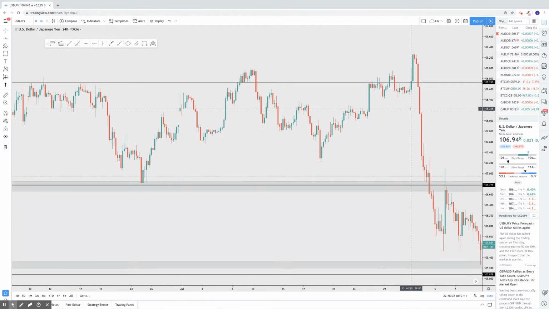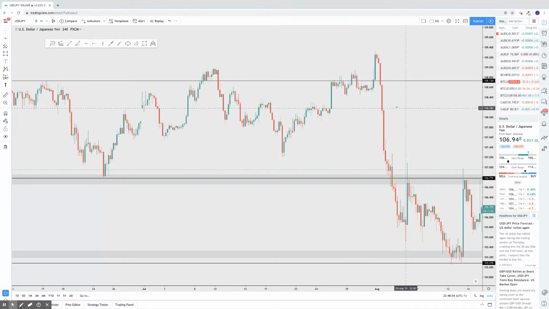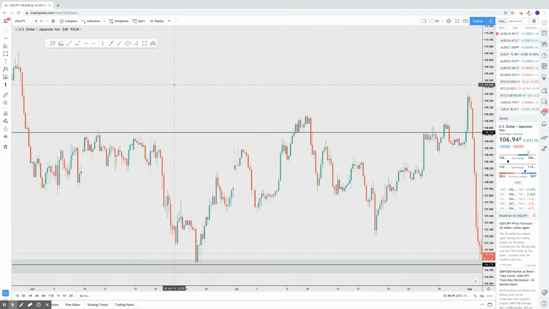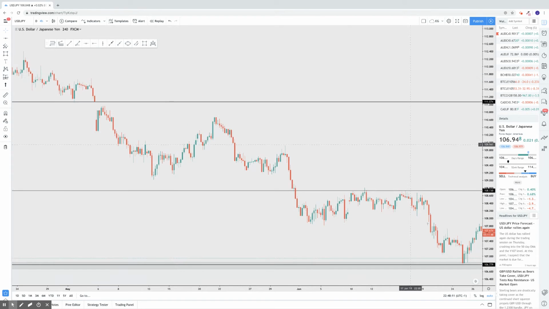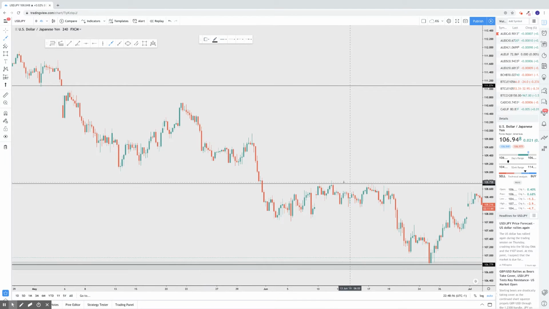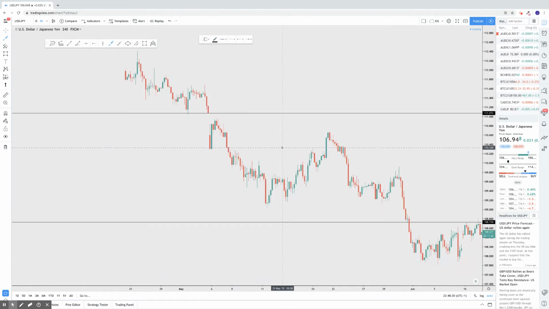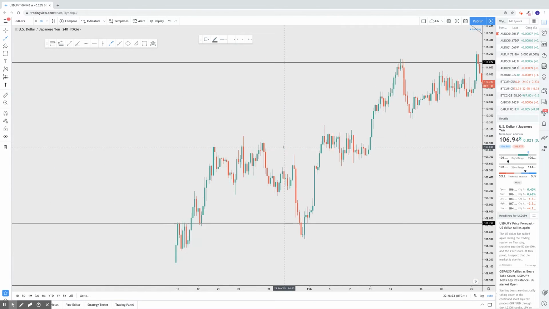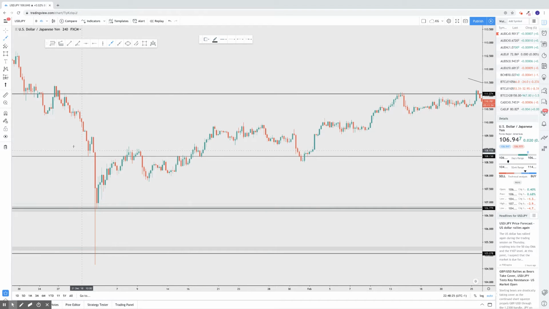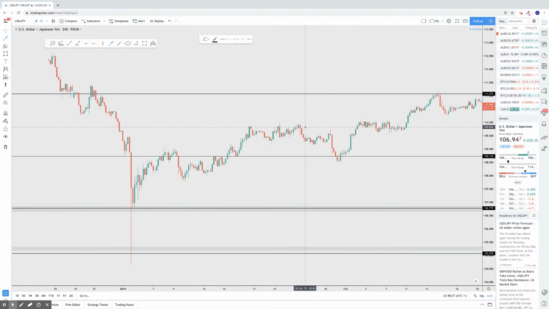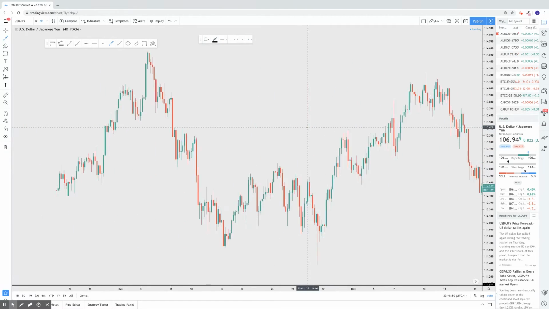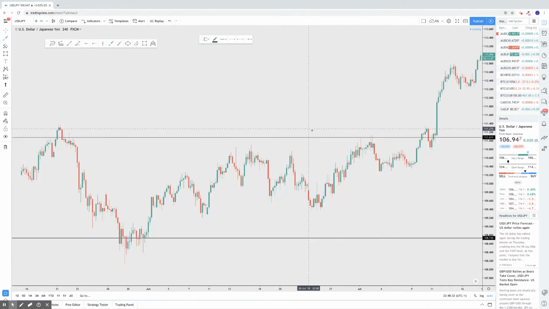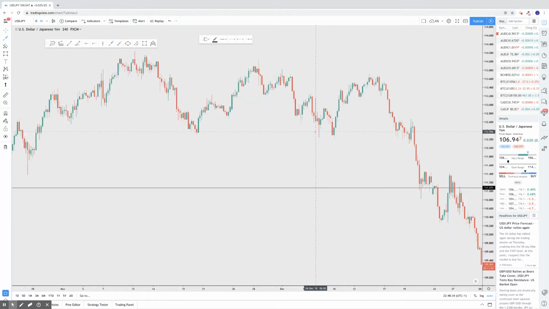Now, when we see price break above a resistance line or below a support line, that would be a breakout. So let's look at this one here. This is a resistance line right here. But if we go back, we can see that it acted as support a few times. I'm not going to go super far back if we don't see many touches, but you get the idea.